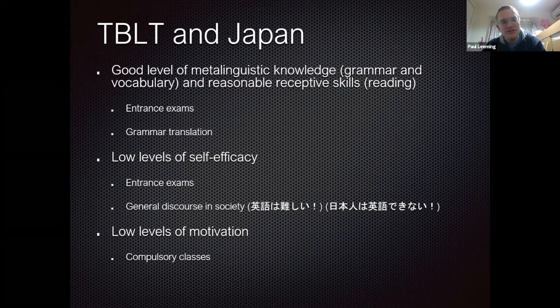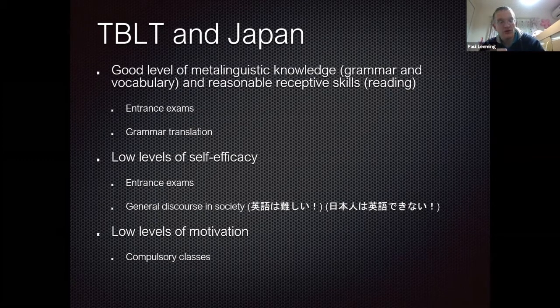And also this general discourse in society, as Trevor said in his introduction, I've been here for 20 years and heard, 英語は難しい。日本人は英語できない。なんで日本人は英語できないやろうな? Why can Japanese people not speak English? Why is English so hard? Why are we so bad at it? So you've got that.